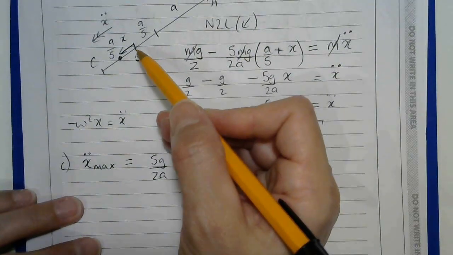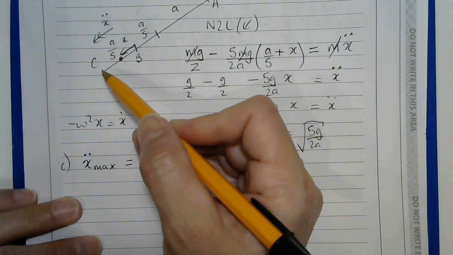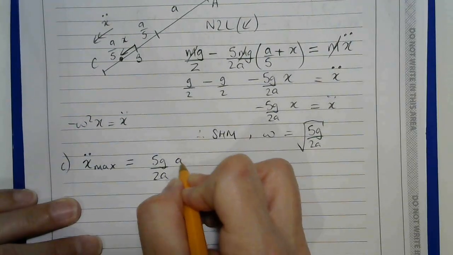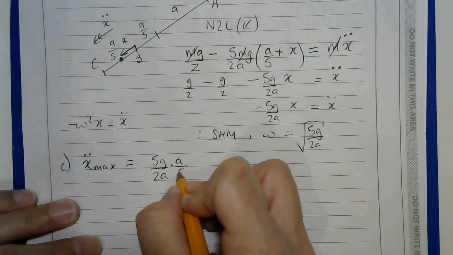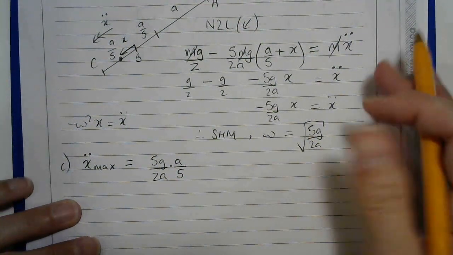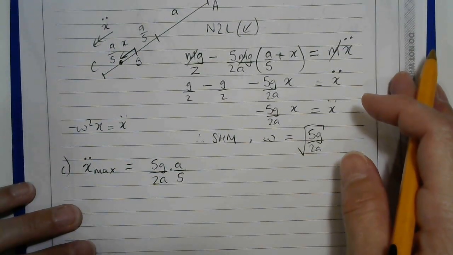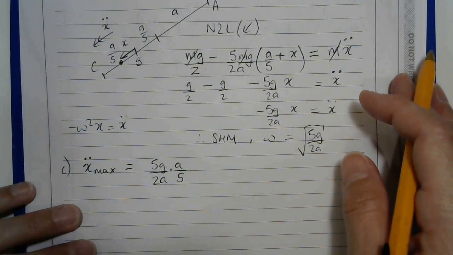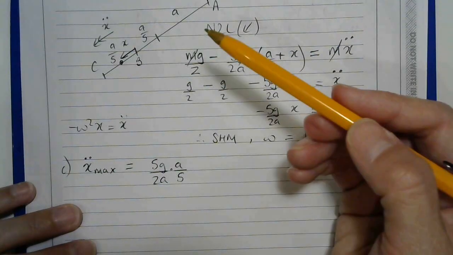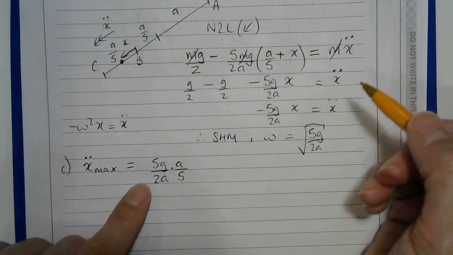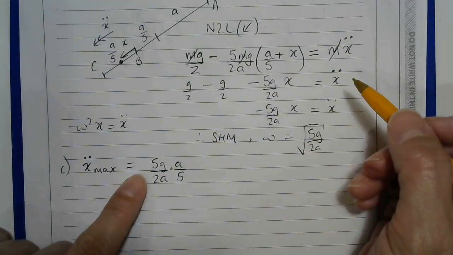And if you remember, this was pulled down by a value of a over 5. Okay, so you might notice that I've just fluffed over this and just missed out the negative sign.